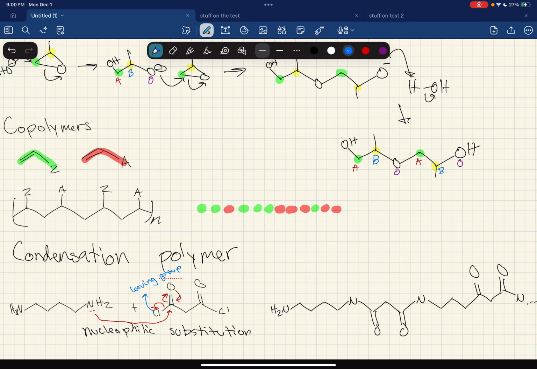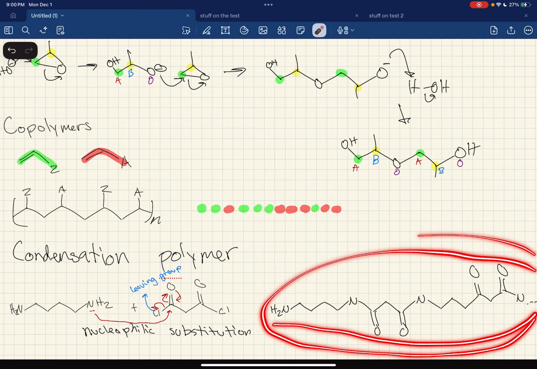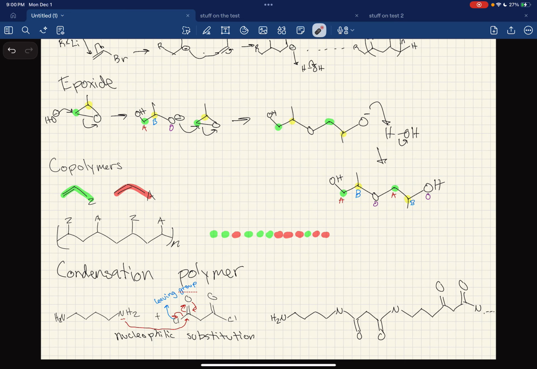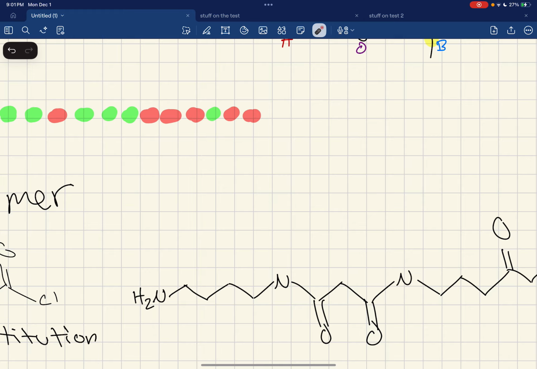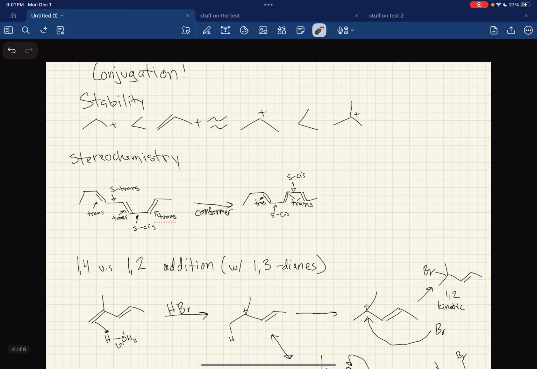And then it's going to do that on both sides. And eventually you're going to form something like this. Where it just keeps going, as always, into infinity. Not really into infinity. There are limits to polymerization, but very large molecules. Cool. So I think that's everything with polymerization. I think that's all for chapter 13 and 31.